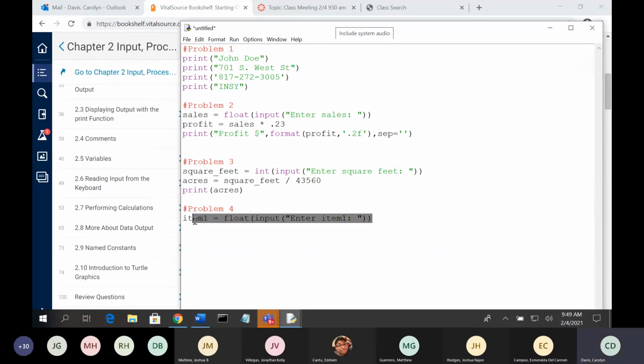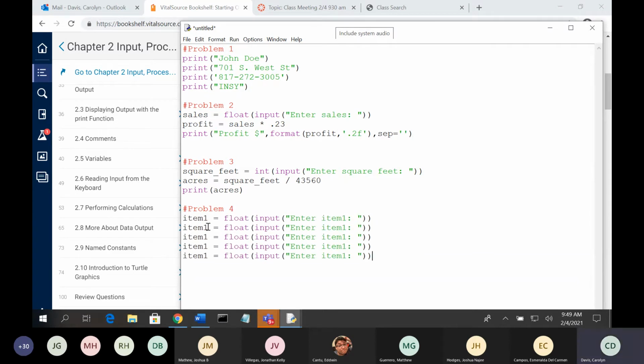I'm going to take a shortcut. 3, 4, 5, and I'll change that. That'll read in 5 items.